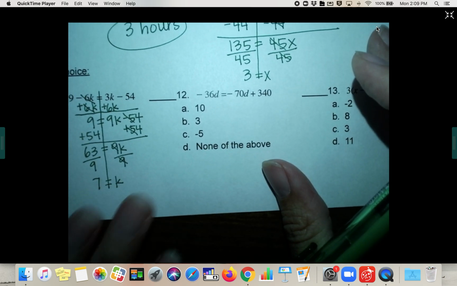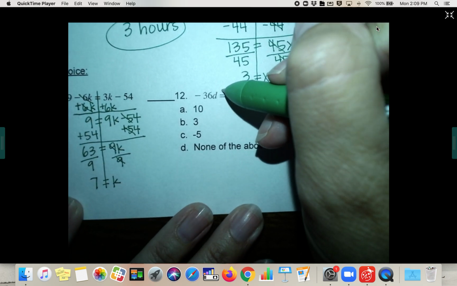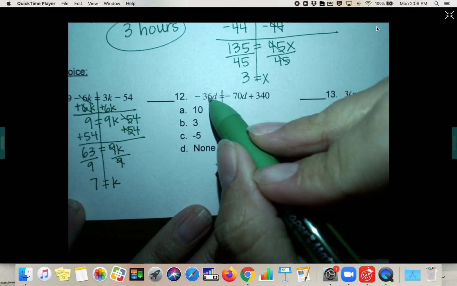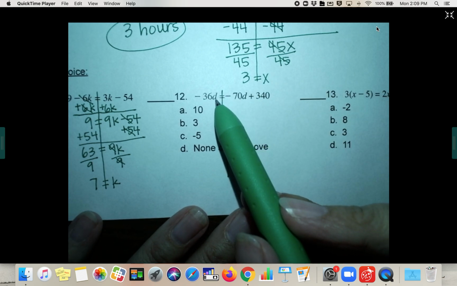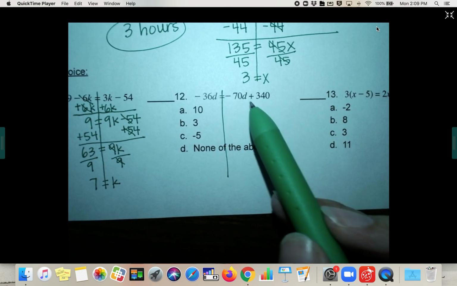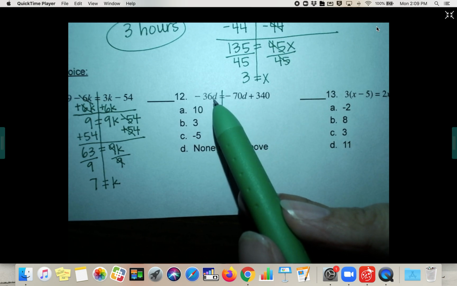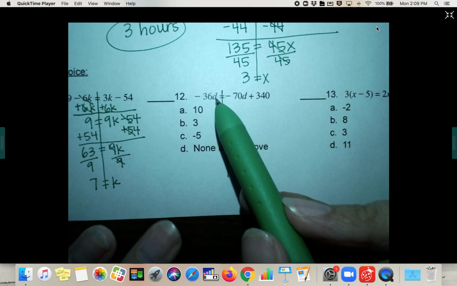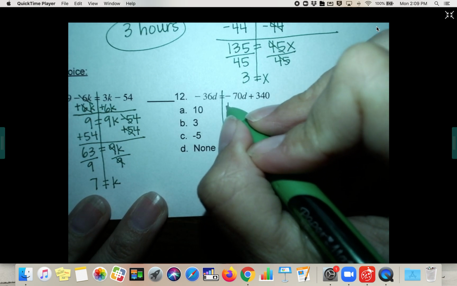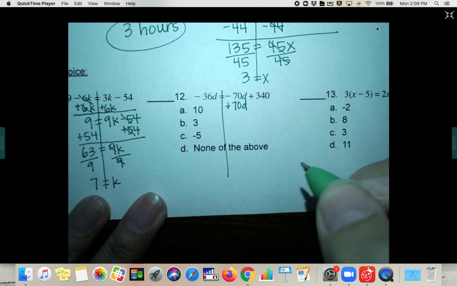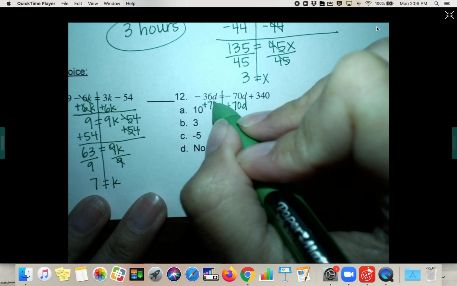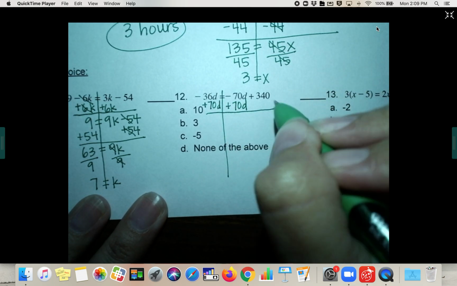All right, number 12. This is a really good one because there's a D here and a D here. You can't minus 340 first because if you subtract it, it's not a like term with something that has a D. So instead, I need to add 70D because that can be combined with this like term.